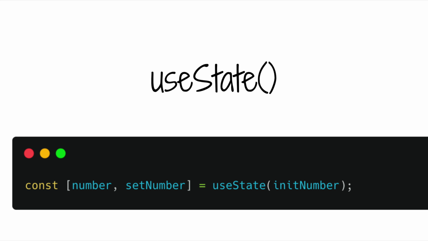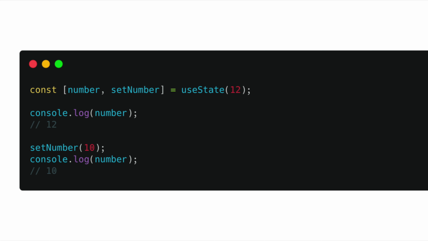So let's imagine that, or maybe not imagine, let's see it. So right here we have an example, and here we set the constant with a state number and set number, and our initial value was 12. So if we console log it before the change, then it will return us 12 because we set it as an initial value.